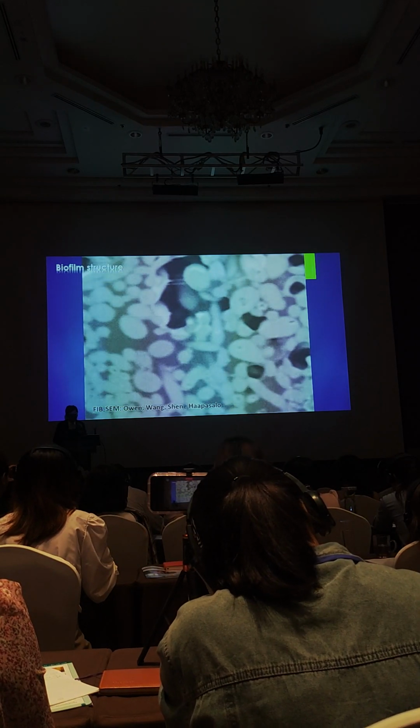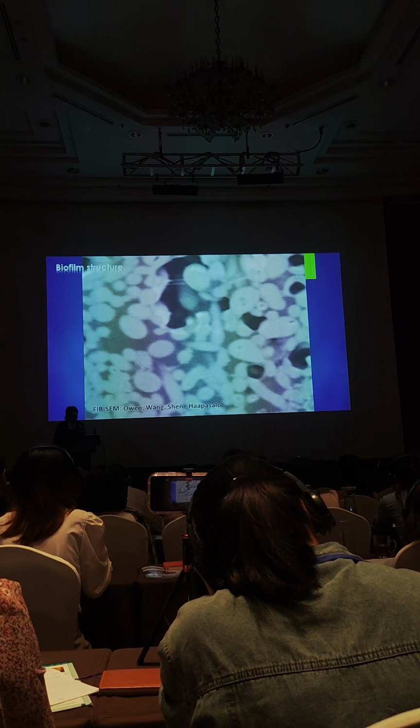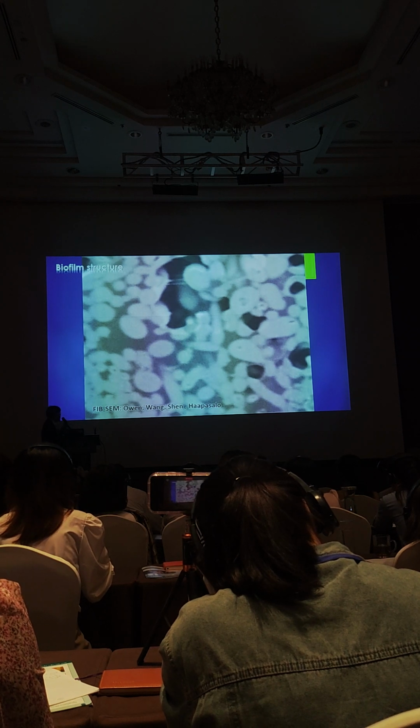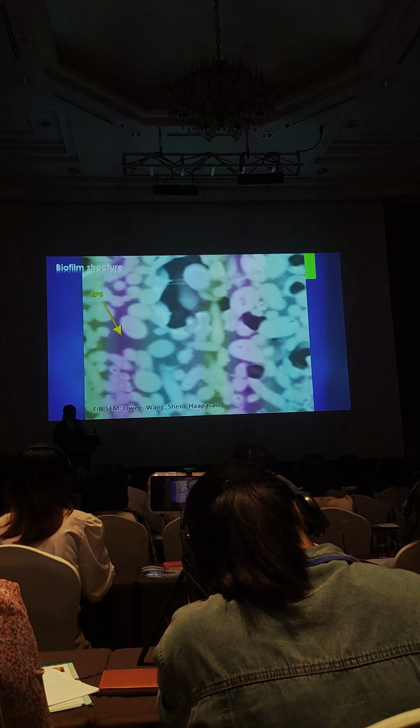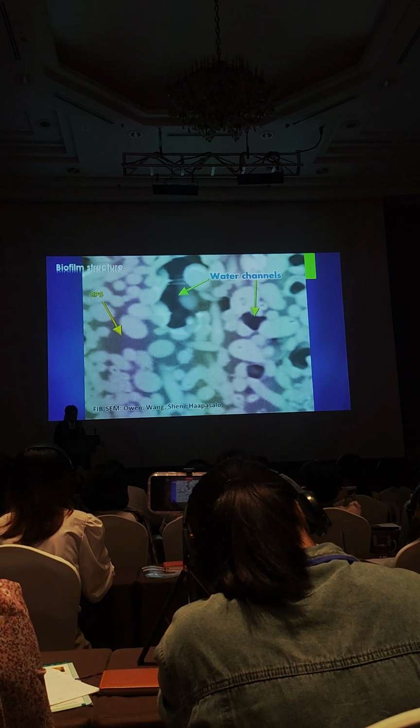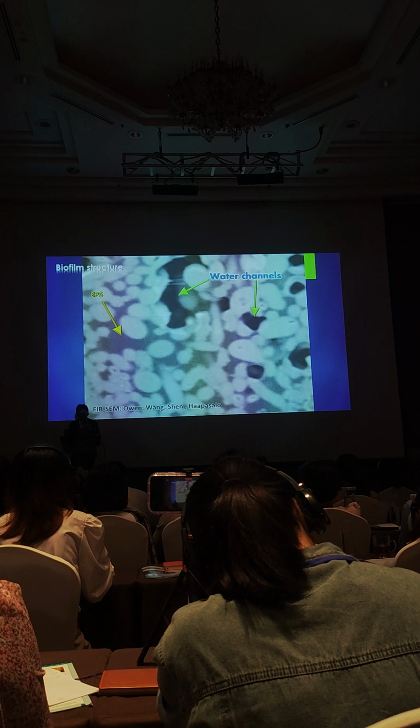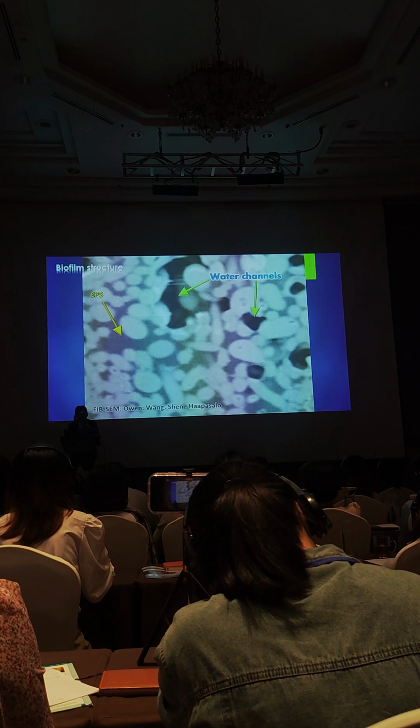However, if you see the SEM, this is the SEM of the biofilms, you see the defect here and here. There are spaces that you can use. There are spaces for water channels. Bacteria need water to live inside the biofilm.